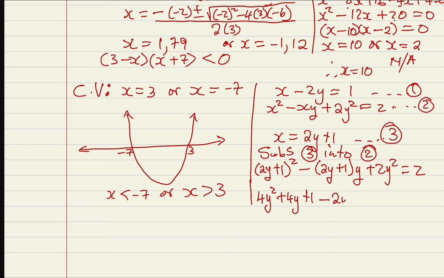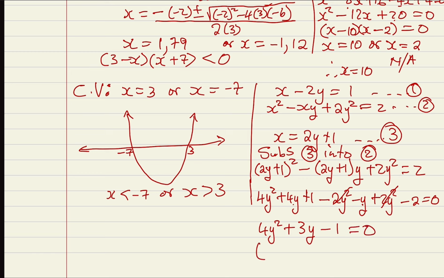Minus 2y squared minus y plus 2y squared equals, let's take this to the other side, minus 2 equals 0, okay? Then from here you can see that this one and this one are additive inverses. You'll have 4y squared, and this one and this one will give us plus 3y, and then you will have minus 1 equals 0.